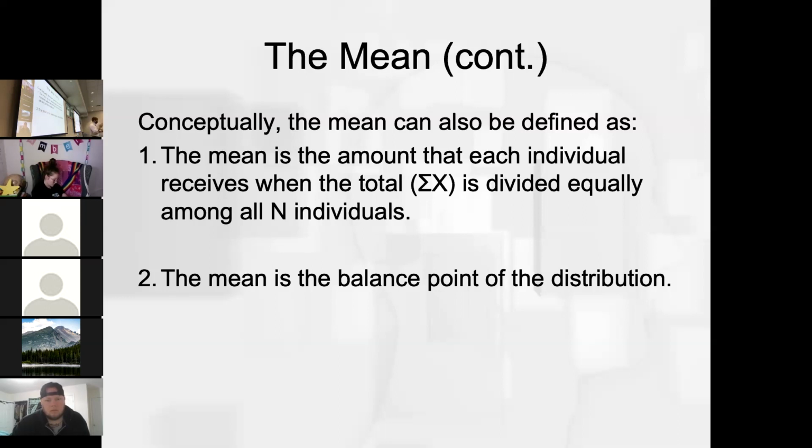And then you're dividing equally amongst, or by, big N. And what does big N signify? The number of scores in that population. Exactly, yeah.